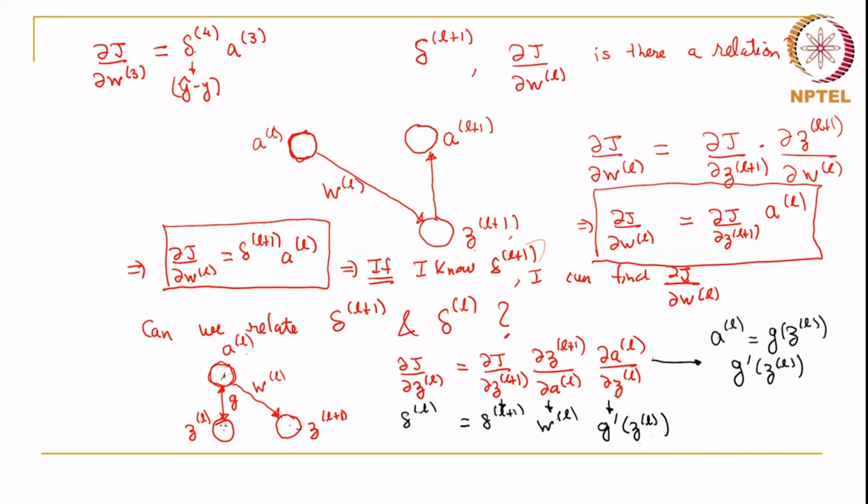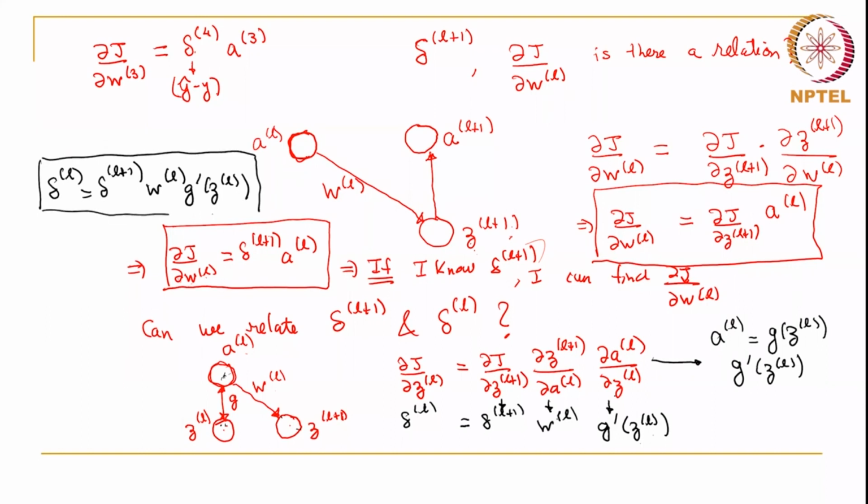Okay, so we now have a recurrence relationship, which is like this: delta L equal to delta L plus 1 WL G prime ZL. And this is how the calculations happen. You first do a forward pass through the network.